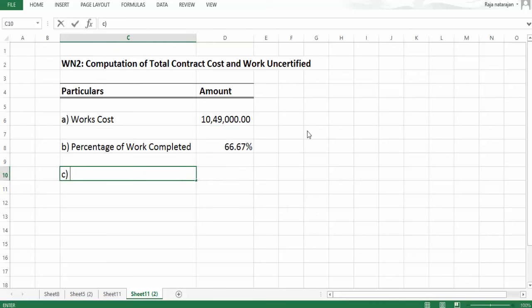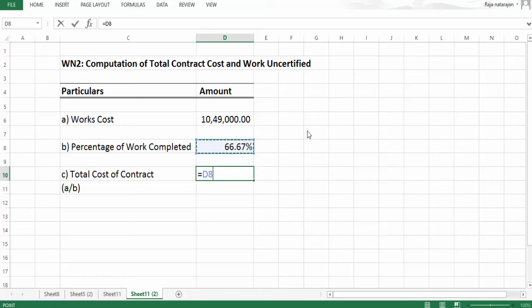It is total cost of contract. And how can I find that? It is simple, A divided by B. Okay, so 10,49,000 divided by 66.67%, it means 100% is going to be 15,73,500. Fine. So this is going to be the total cost of the contract.